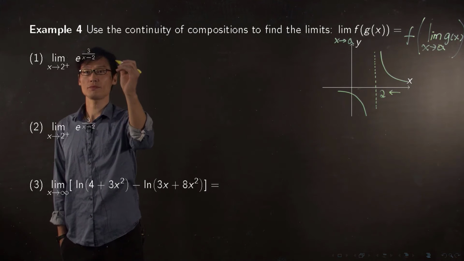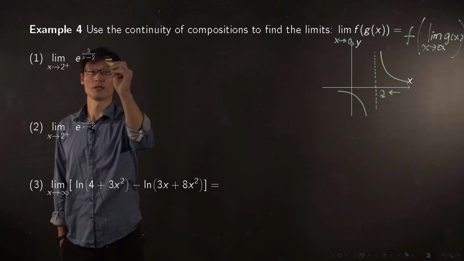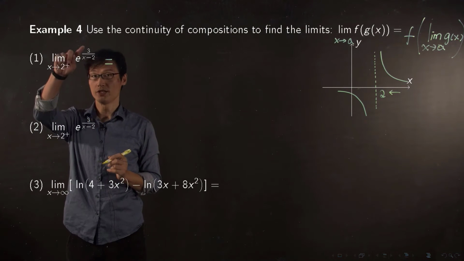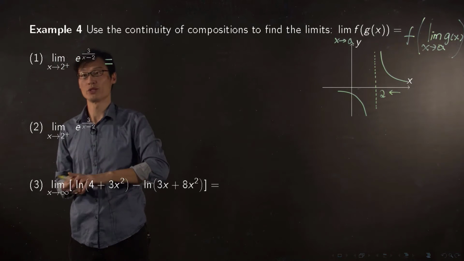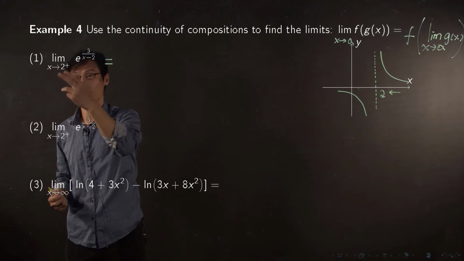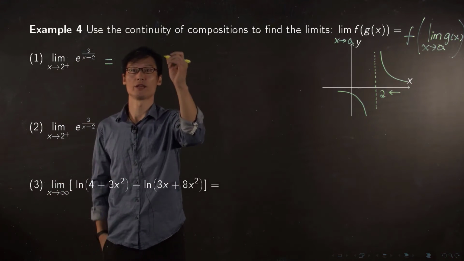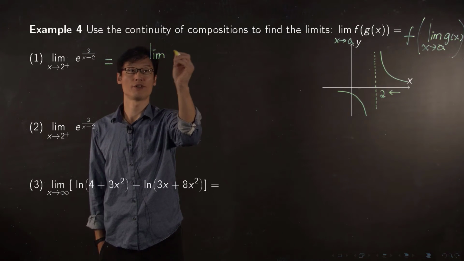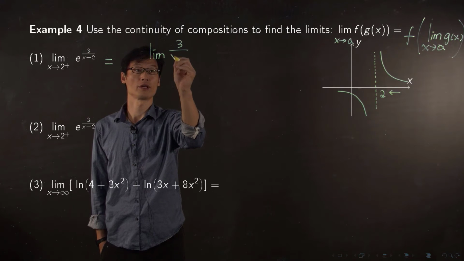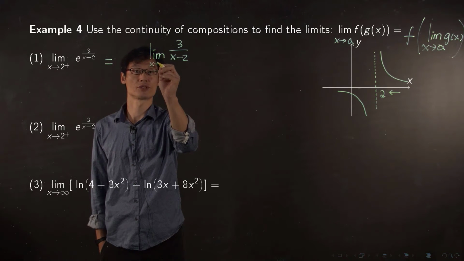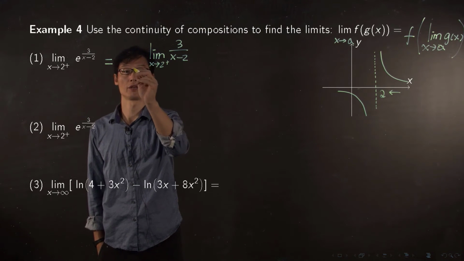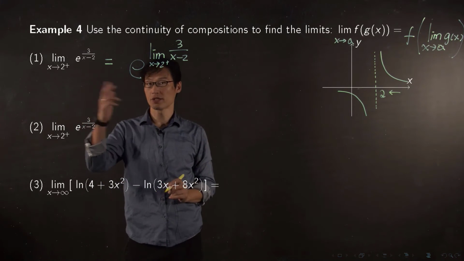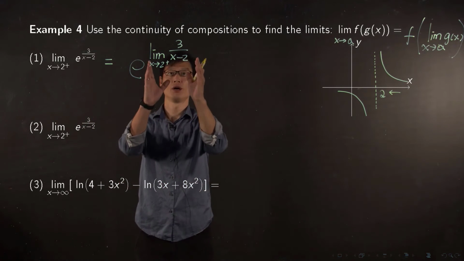So the limit of this, well, we have the inside function. We take 3 over x minus 2 and apply the exponential function. You take the limit of the inside function 3 over x minus 2 first, and then you take the second function, e to the whatever.